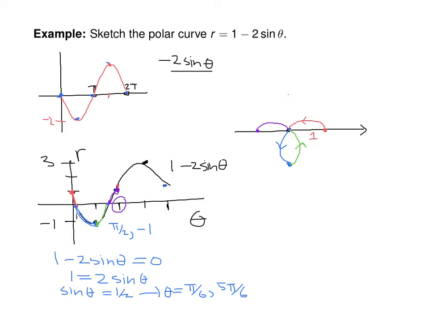Okay, next, by 3 pi over 2, I have a radius of 3. So the angle 3 pi over 2 is down here, and that was 1, 2, 3. So by then I'm down to there. And for the remainder of the curve, as the angles decrease, the radii decrease back down to 1. So there is a graph of the polar curve 1 minus 2 sine theta.